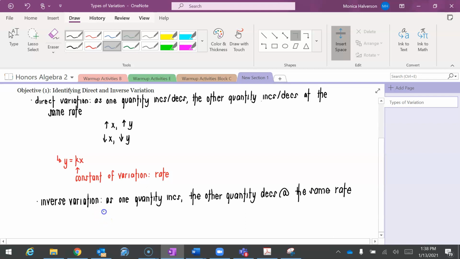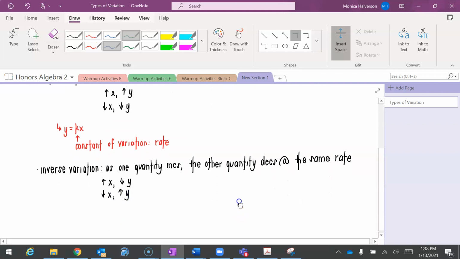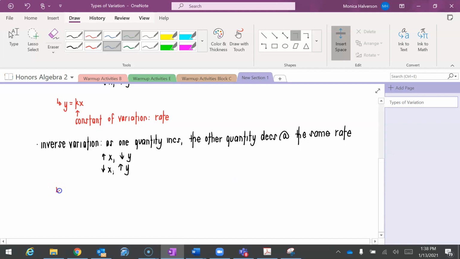All right, so as X increases, Y decreases at the same rate, or as X decreases, Y increases at the same rate. And it has a specific formula of Y equals K over X, or XY equals K. All right. And once again, K stands for the constant of variation.